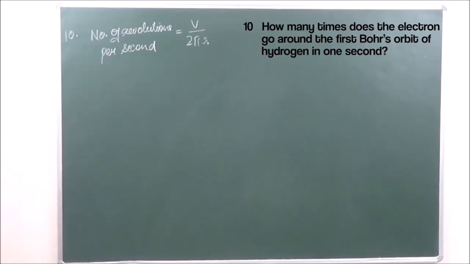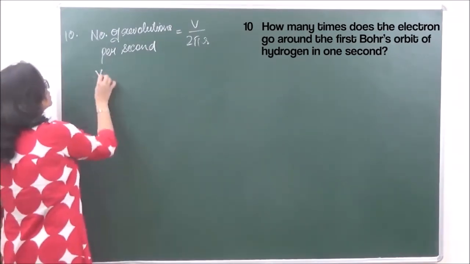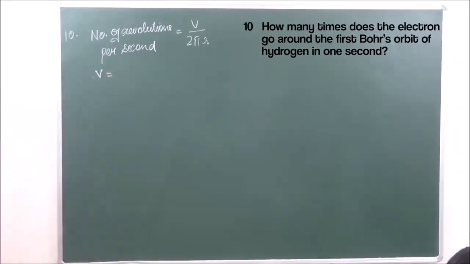Okay? This we just did. v upon 2 pi r. So velocity is equal to what?